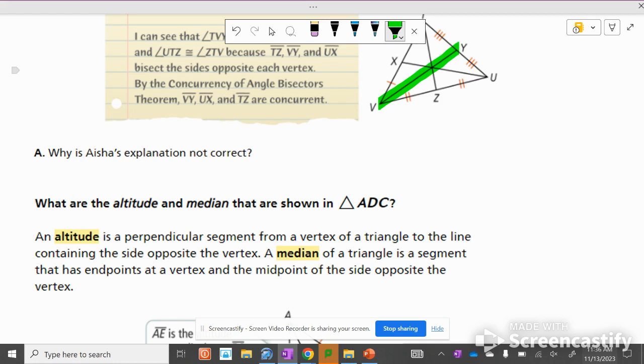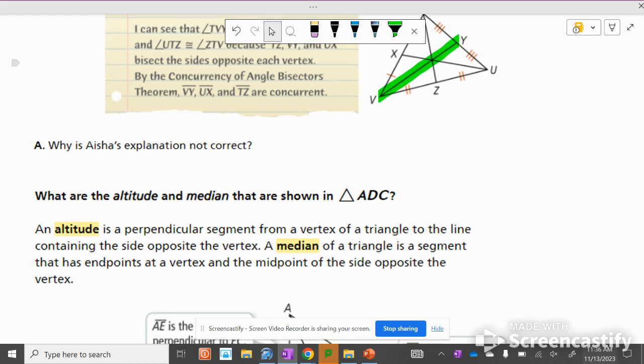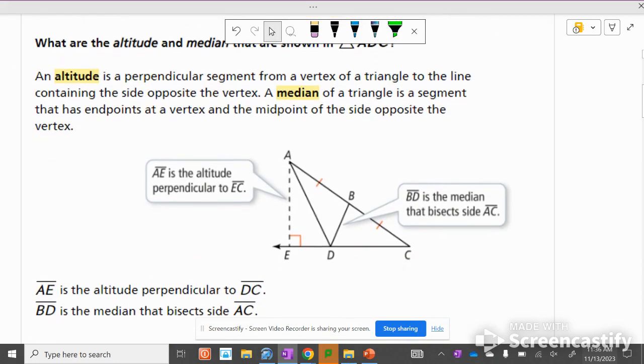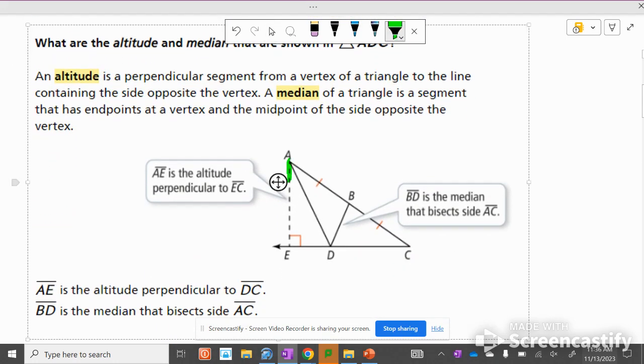So you have to know the difference between a median and an altitude here. Does everybody have the vocab written down? We're good? Okay. So an altitude is right here. It goes from the vertex perpendicular to the opposite side. Now, this is an obtuse triangle, so you can't be inside the triangle when you draw two of the altitudes.